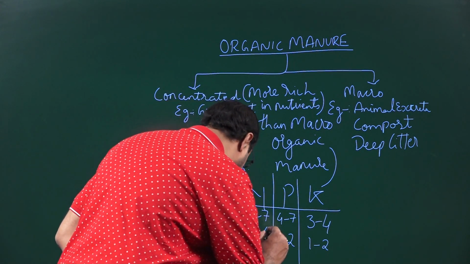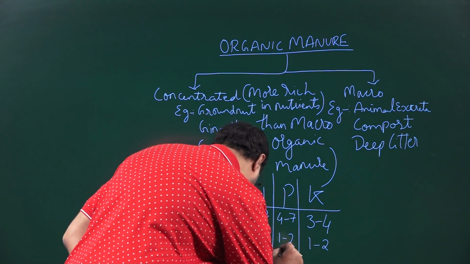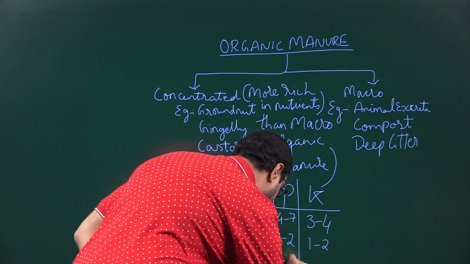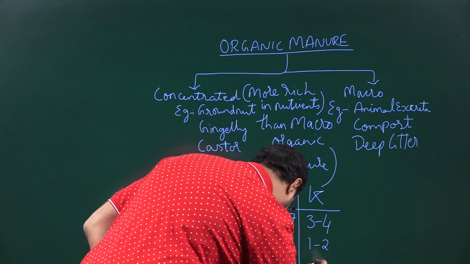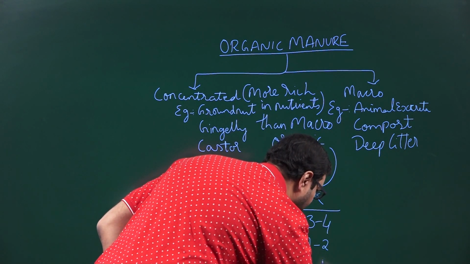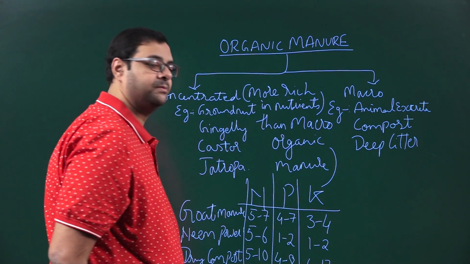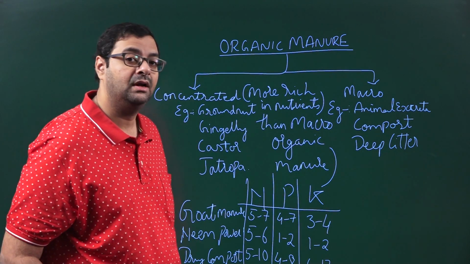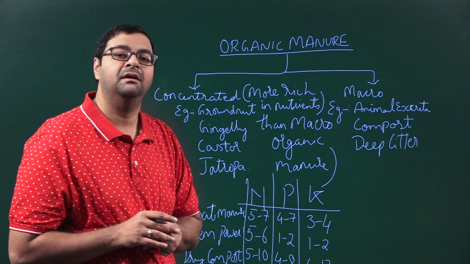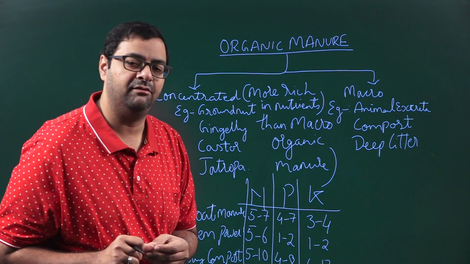Phosphorus is 4 to 8 kilograms per ton, and potassium is 6 to 12 kilograms per ton. So dry compost has more of these three major nutrients which are required for the plant.